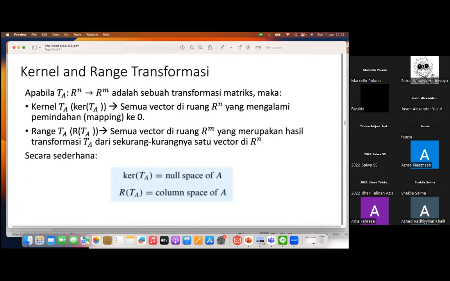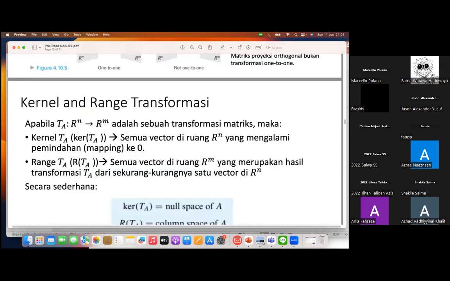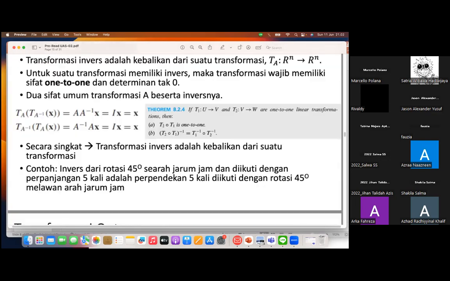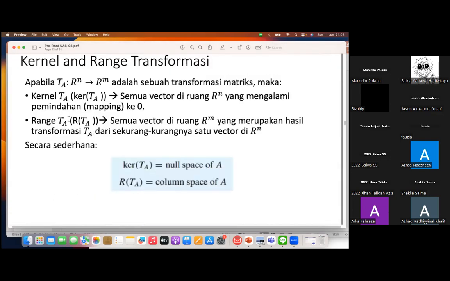Okay, so this is kernel and range. We have an example down there. So this is TA. The kernel is the null space of A, or all the vectors in Rn that get mapped to the zero plane.